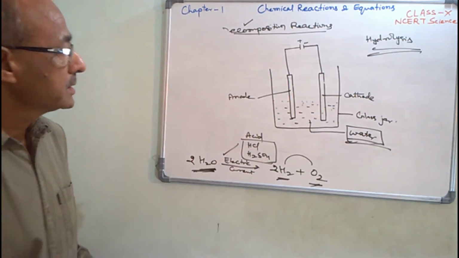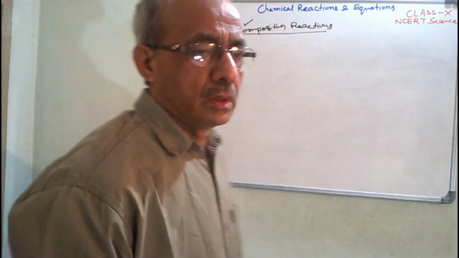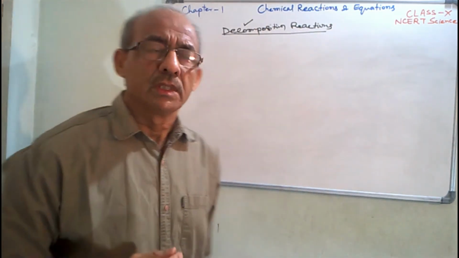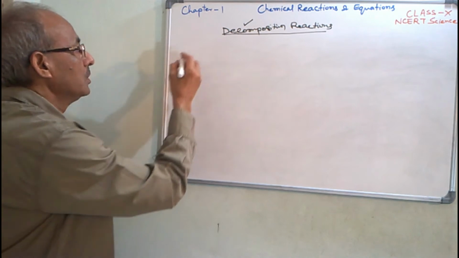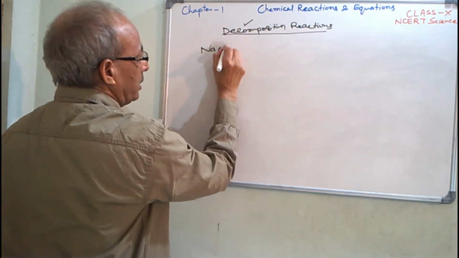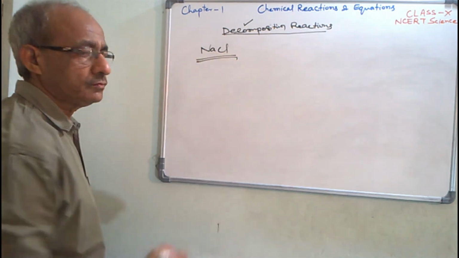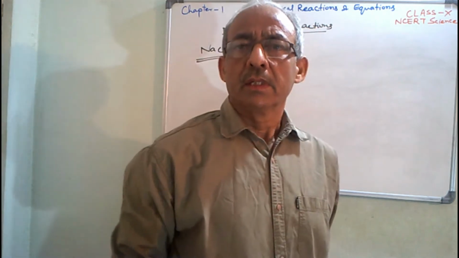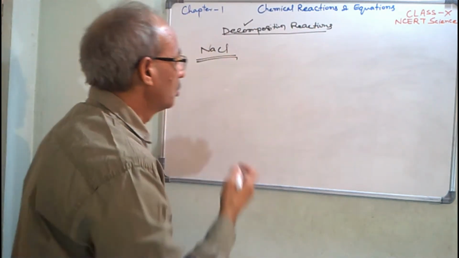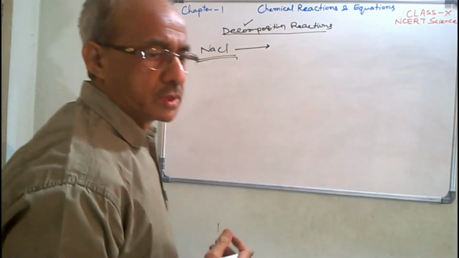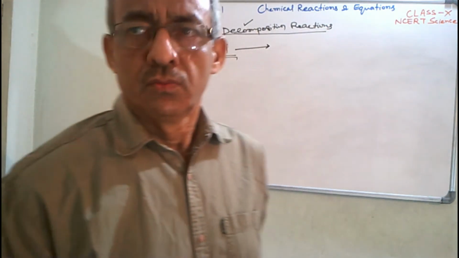Now we will discuss some more examples of electrolytic decomposition. Sodium chloride is the common salt which we use in our food.